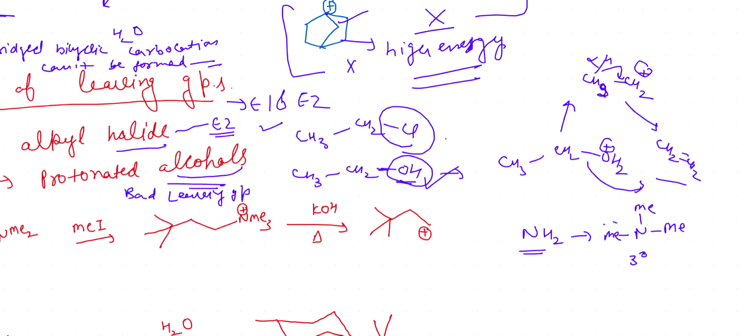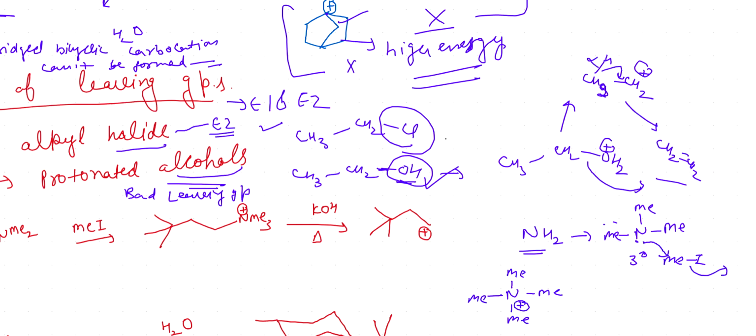If this nitrogen attacks this methyl group, it will get this methyl group with the loss of the lone pair. So there will be a positive charge on nitrogen.